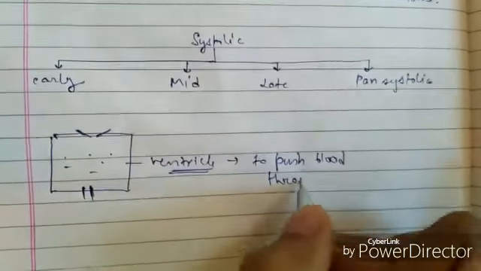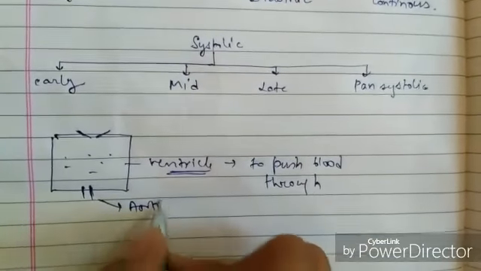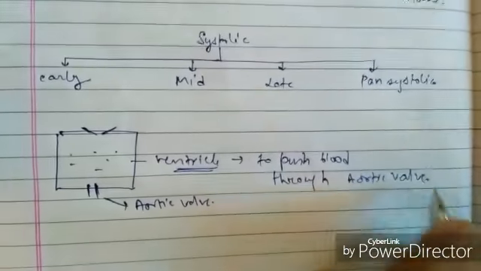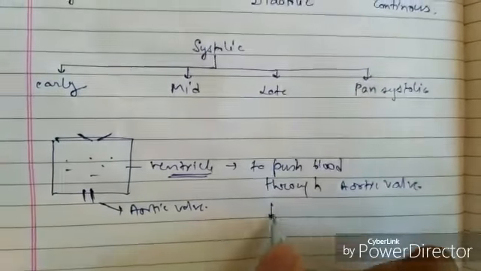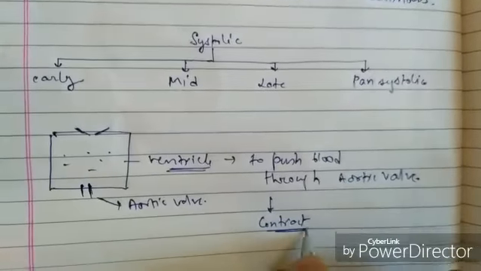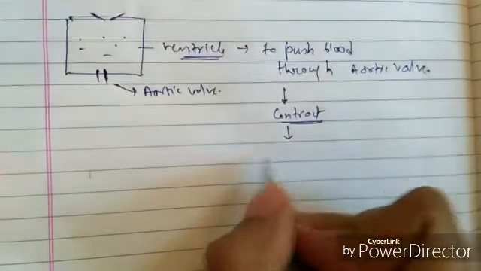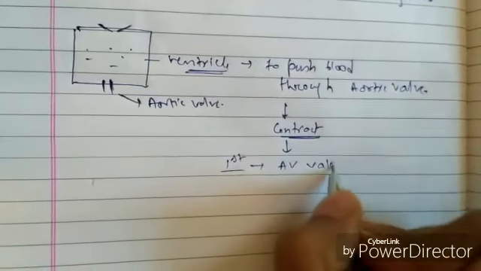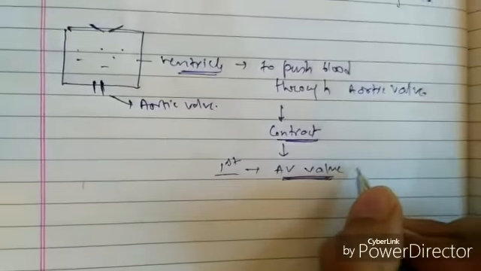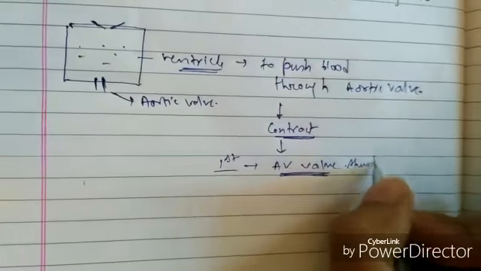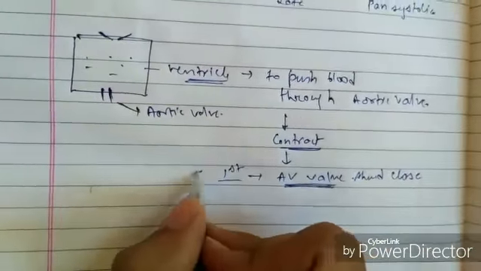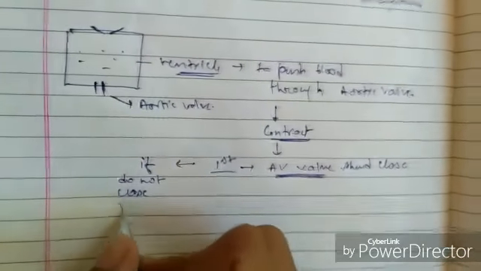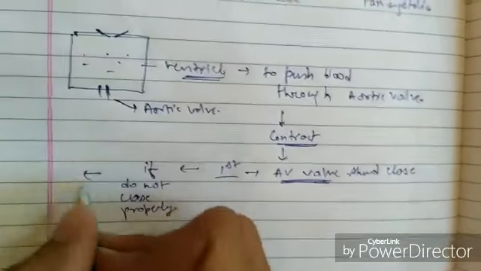So when it starts contracting, first it will close its AV valve so that the blood does not leak across that valve into the left atrium. When the chamber goes into systole, the AV valve has to close first. If it does not close properly, there is a valvular defect, which we call regurgitation.